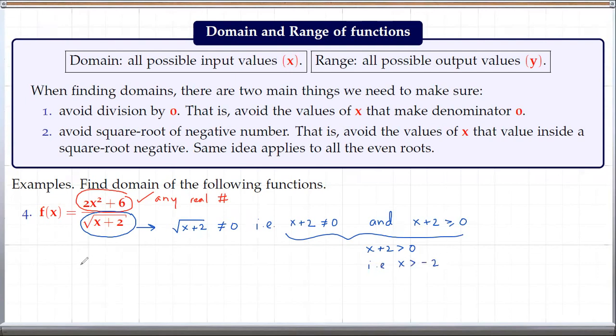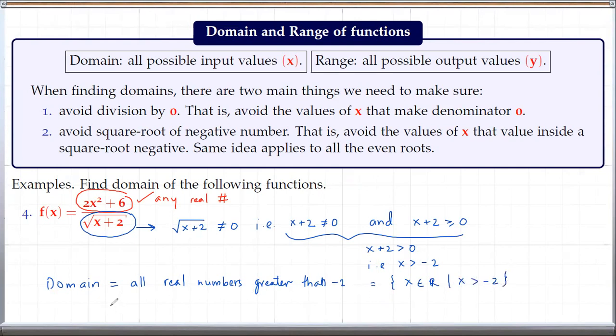So that means the domain is all real numbers greater than -2. We can write this in set builder notation as x belongs to the set of real numbers such that x is greater than -2.